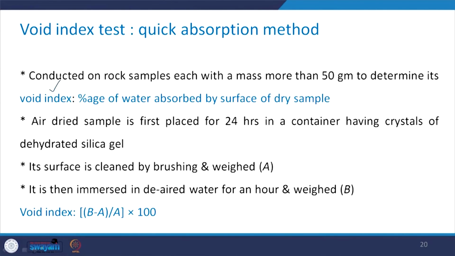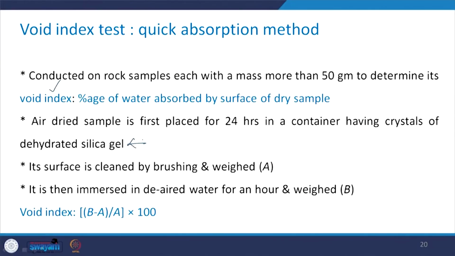What is done is very simple. The air-dried sample is first placed in a container having crystals of dehydrated silica gel. What the silica gel does is soak up all the water at the surface. Then you clean the surface of the specimen by brushing and take its weight.